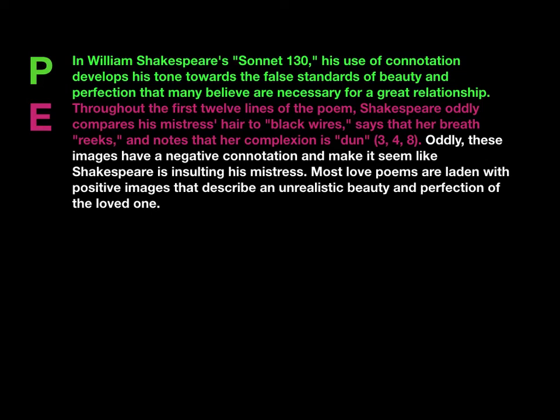Most love poems are laden with positive images that describe an unrealistic beauty and perfection of the loved one. So I'm getting in there on the false standards of beauty and perfection, and I'm leading my reader, just like Shakespeare does, to the last 2 lines of the poem, which bring me to my next sentence, which has to be an example.